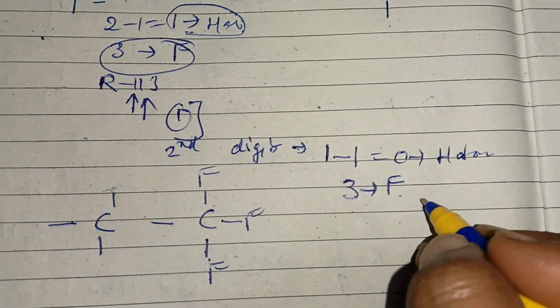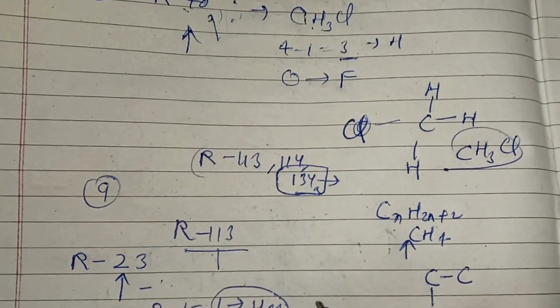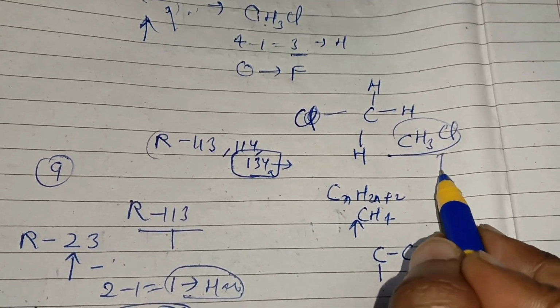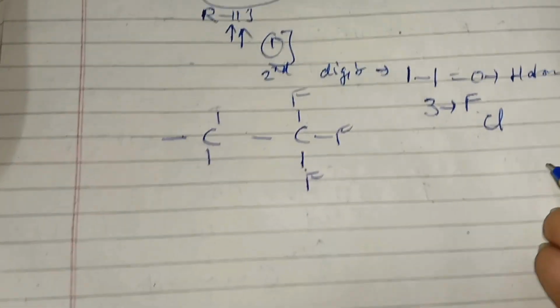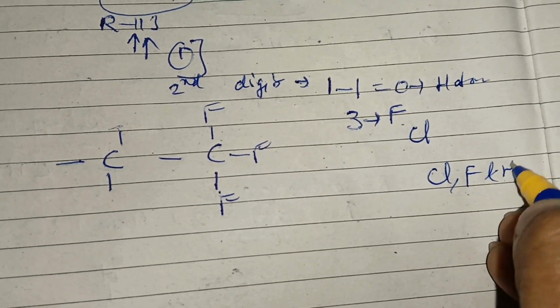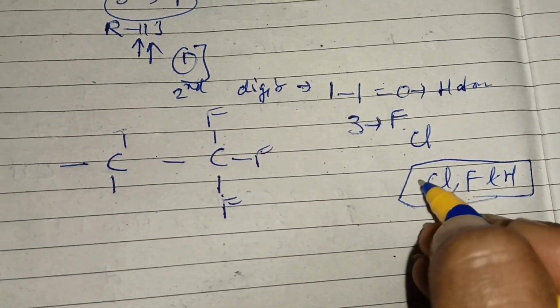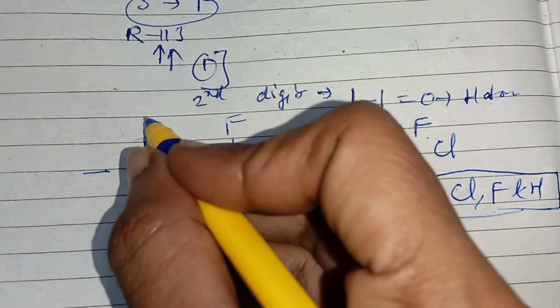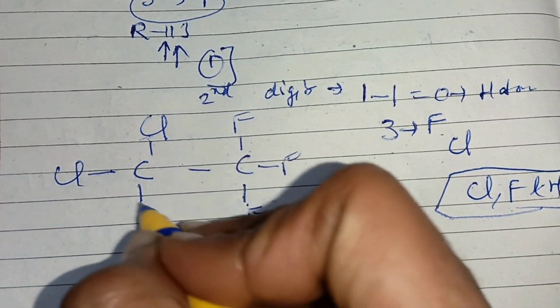So the remaining would be taken by chlorine, as we were doing in case of methane-based refrigerants. The rest was always taken by chlorine. Here also, you have to decide between chlorine, fluorine and H. So the rest would always be taken by chlorine.